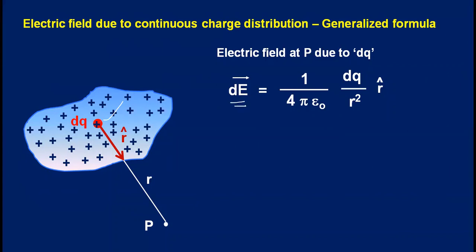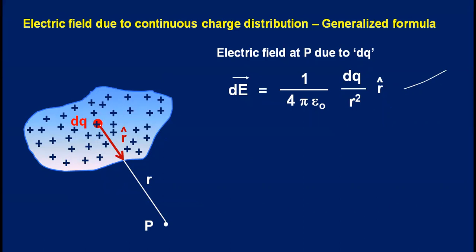So since the point charge involved here is infinitesimal, the electric field at the reference point P due to this infinitesimal charge will also be very small. So that's why instead of E vector, I have taken it as dE vector. So dE vector means infinitesimal electric field. So this is the electric field due to one charge element.